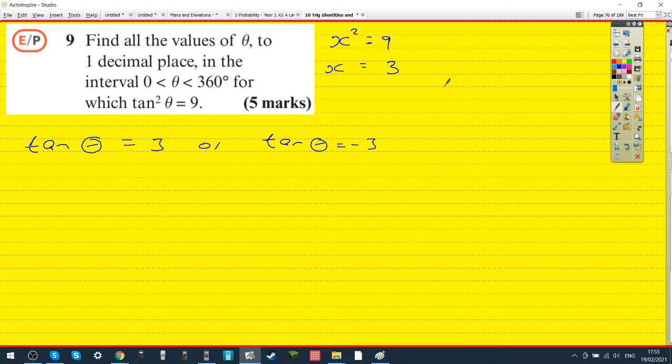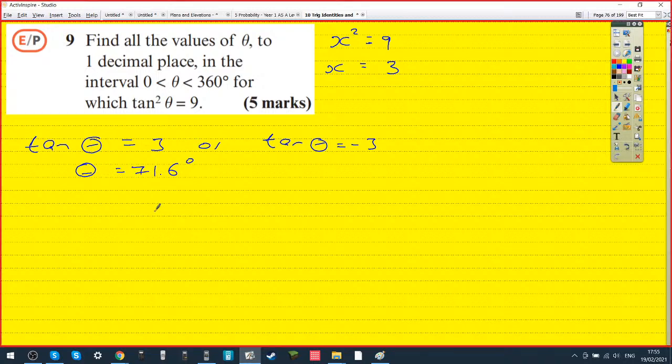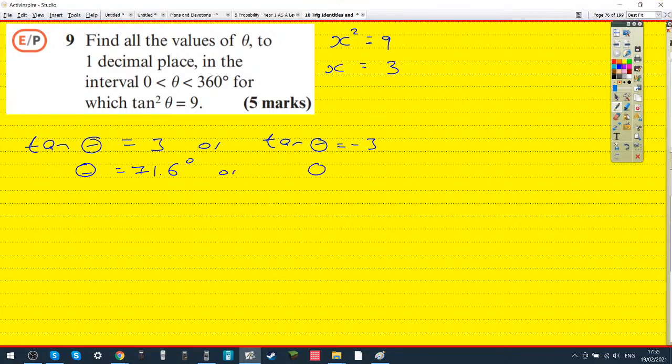So the first one is 71.6 then. And then the second one, the same but minus. Minus 71.6. And then you still have to do 360 minus that as well.